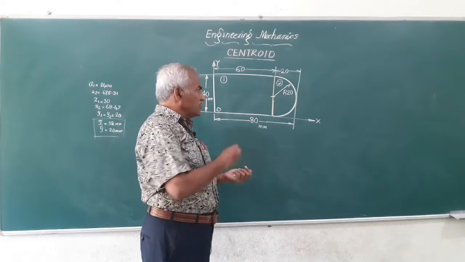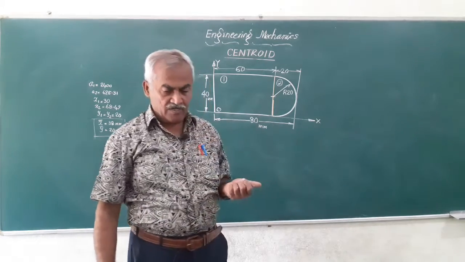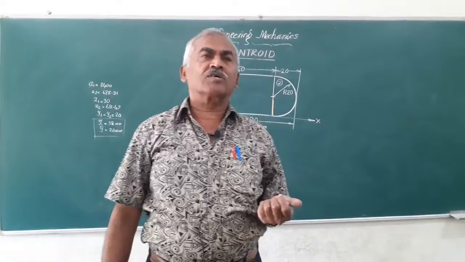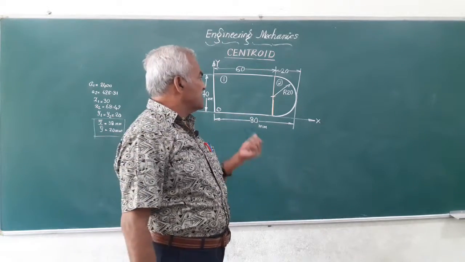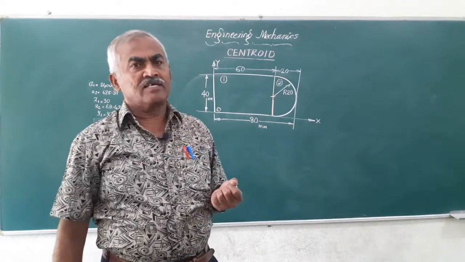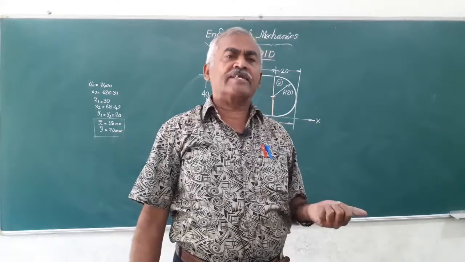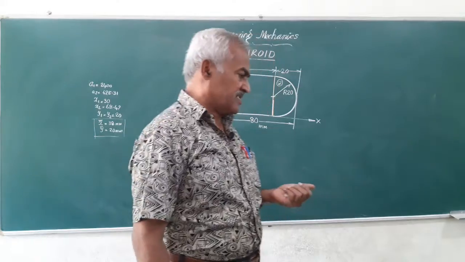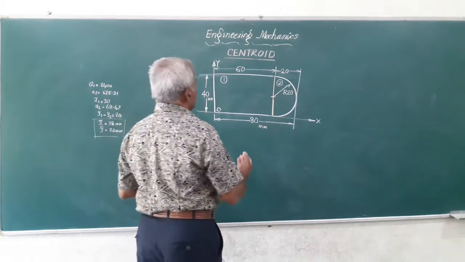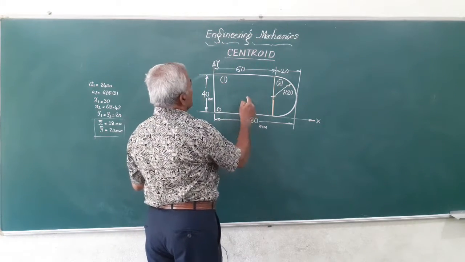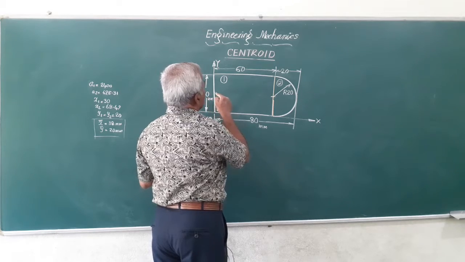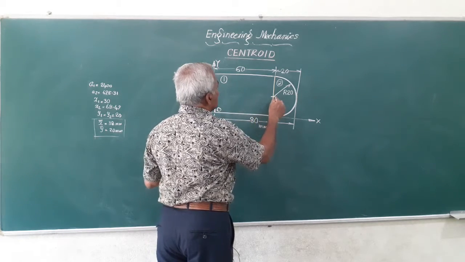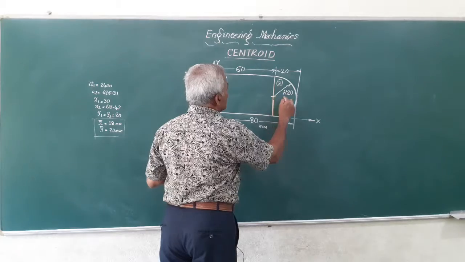Before going with the calculation, you have to observe whether the given plate is symmetrical about the horizontal or vertical axis. Here, this figure is symmetrical about the horizontal axis passing through the center of this semicircle.